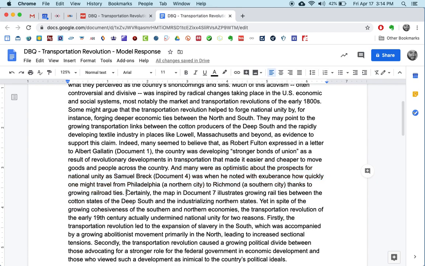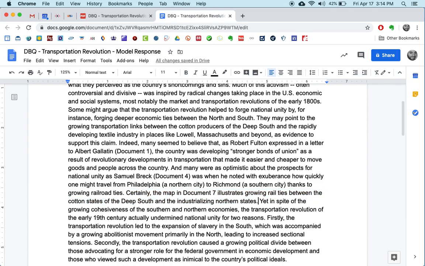And then finally, certainly the map in document 7 illustrates growing rail ties between the cotton states of the Deep South and the industrializing northern states. So in one sentence I describe the document, the growing rail ties between the cotton states of the Deep South and the industrialized northern states.